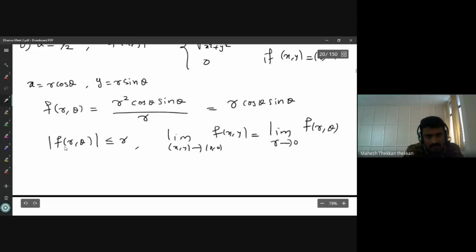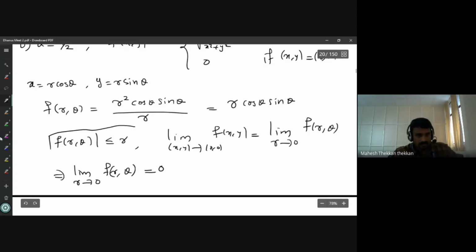Then the left side also has to be 0 because this is the modulus value, right? This implies the limit as r tends to 0 of f of (r, theta) is 0, because this is always greater than or equal to 0.